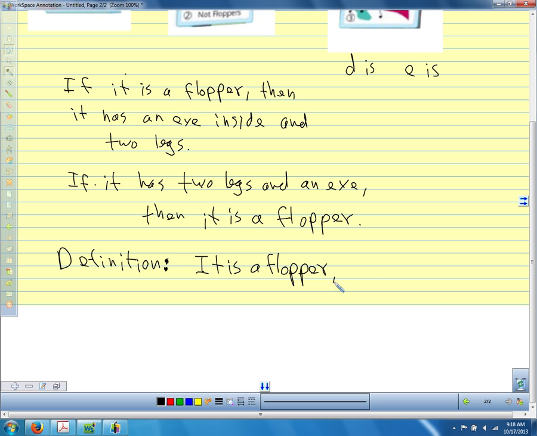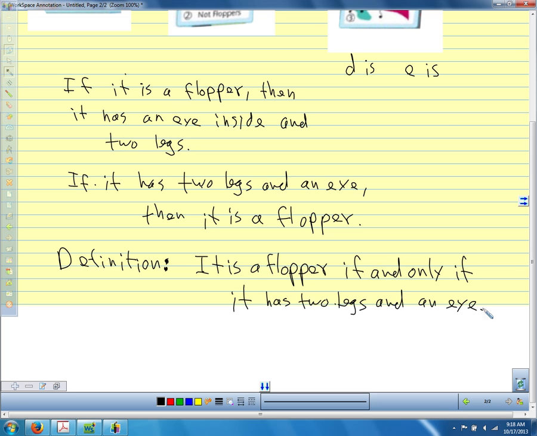It is a flopper if and only if it has two legs and an eye. So that would be our definition of a flopper.